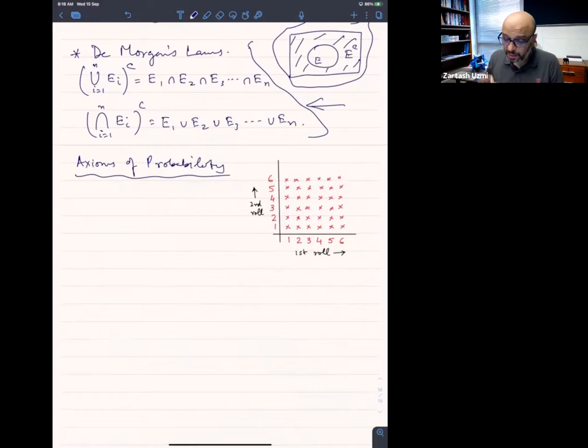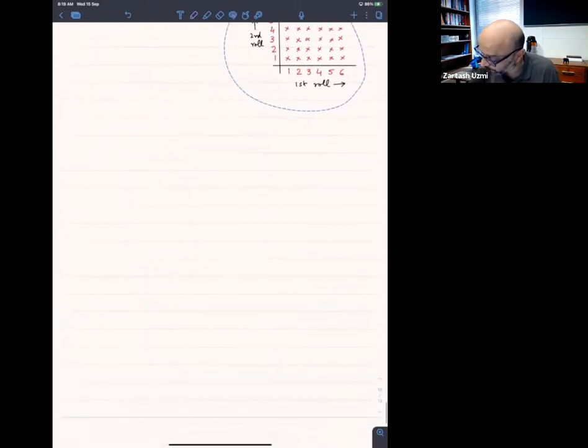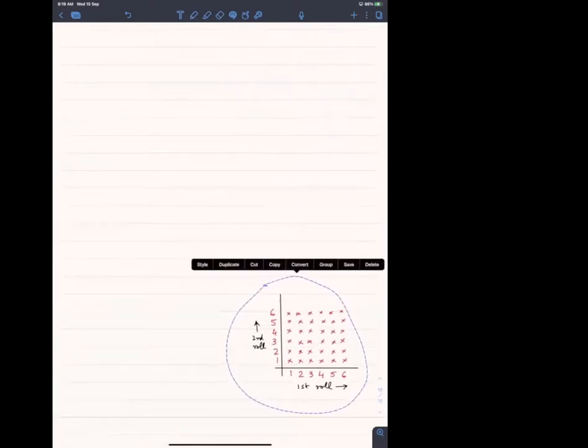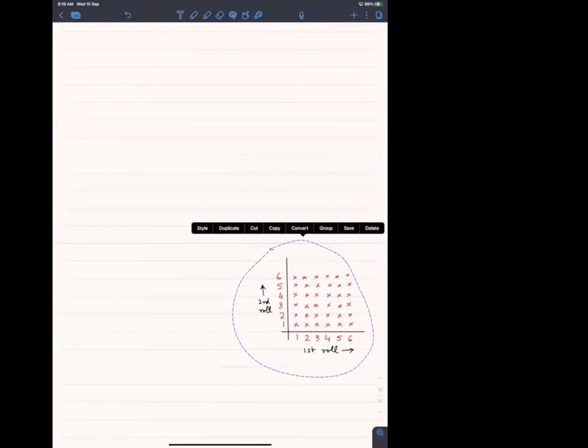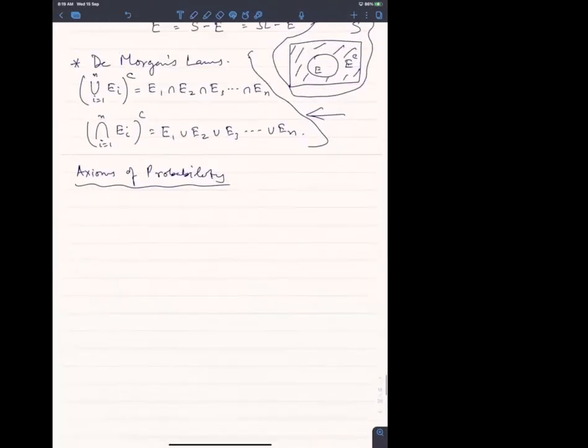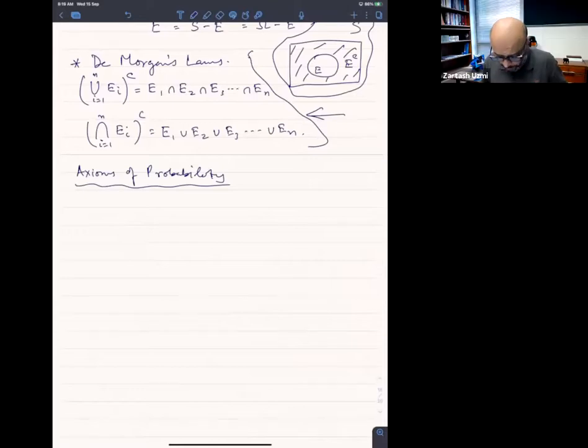These axioms are statements about probability, and these are the ones that we use without proof to prove other probability theorems. Okay, so what are the axioms of probability? Very, very simple. There are three axioms.